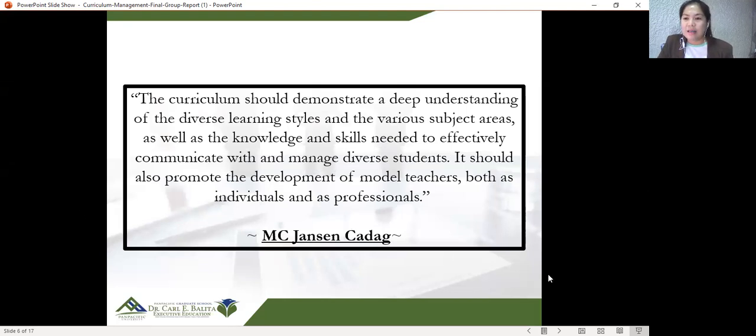That will be the proper way for us to address, for them to effectively communicate their skills and knowledge, because we are attending to their diverse skills and abilities. So it should also promote the development of model teachers, both as individuals and as professionals.